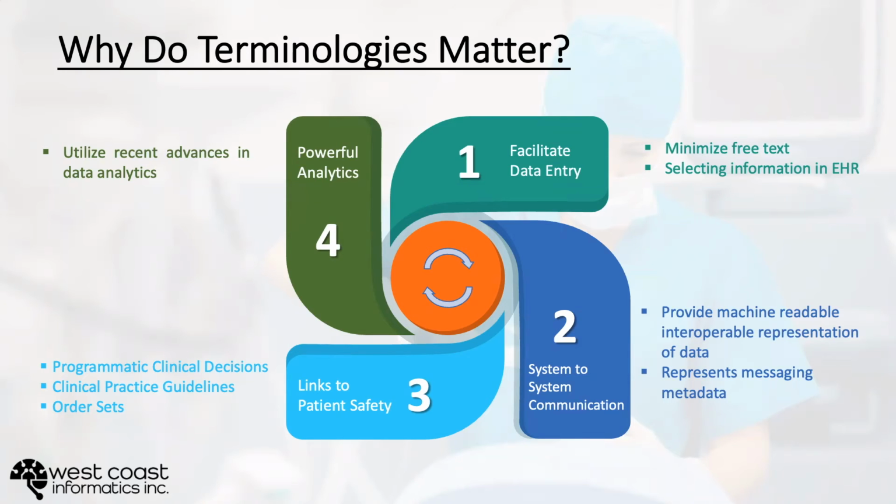And then after all that data is in, we can use powerful analytics to analyze data to determine things like the best treatments for certain diseases, to figure out who's received certain drugs or vaccines and who hasn't. We can do all those things by using terminology, where if we used free text, it would be a much more labor-intensive process.